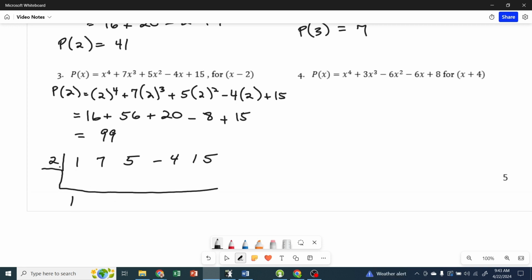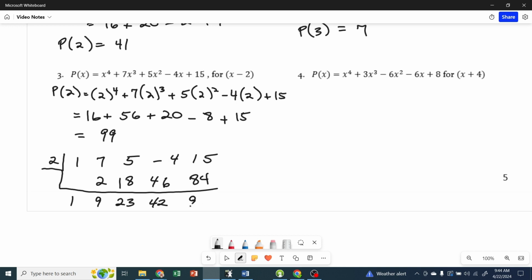One comes down, 2 times 1 is 2, 7 and 2 is 9, 2 times 9 is 18, 5 and 18 is 23. 2 times 23 is 46. 46 and negative 4 is 42. 2 times 42 is 84.